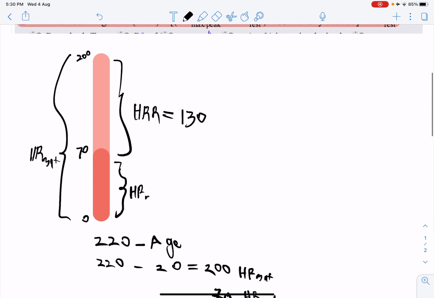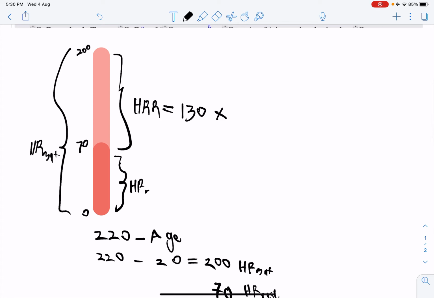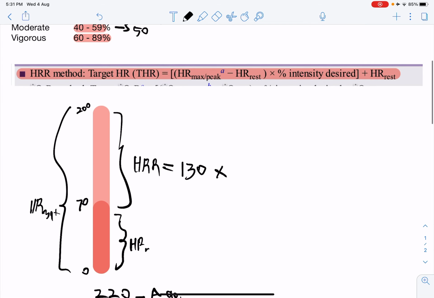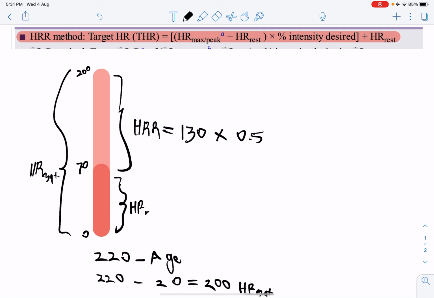Now I will multiply this with my desired intensity levels. So I want my intensity levels to be moderate, let's say, and I want it to be 50%. So I times this with 0.5, which will equal 65.